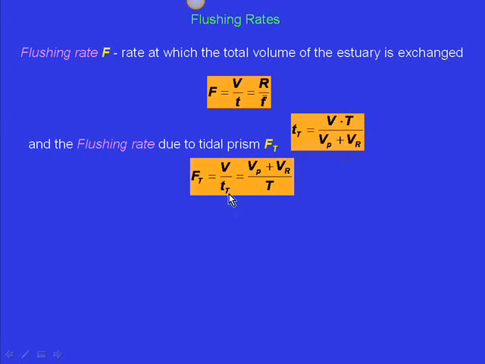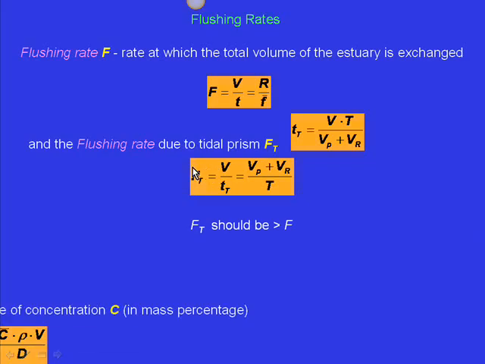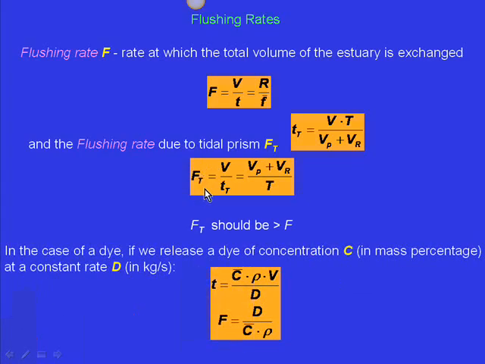So we have volume divided by the residence time, so it would be the inverse of this. So it's the volume of the tidal prism plus the freshwater volume divided by the tidal period. That's the flushing rate. And as mentioned before, the flushing rate calculated with this approach will be larger than the flushing rate obtained with this approach, just like the residence time is shorter with a tidal prism than using this T.